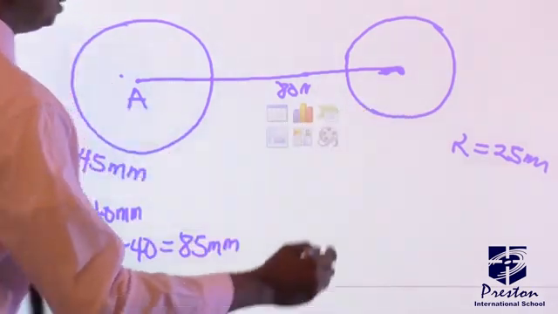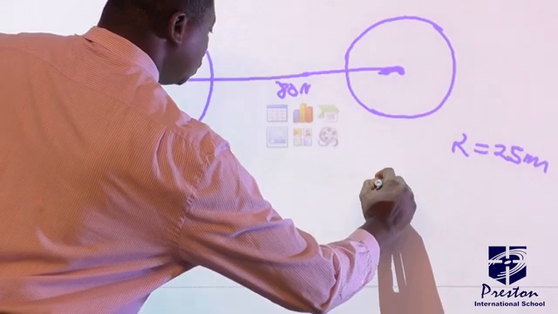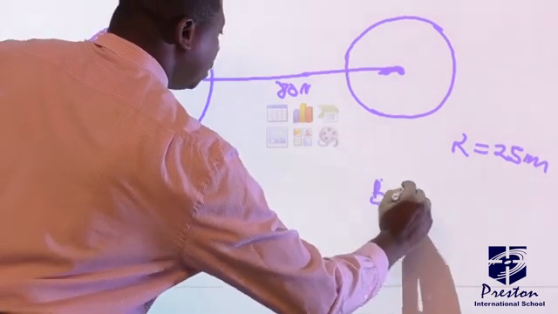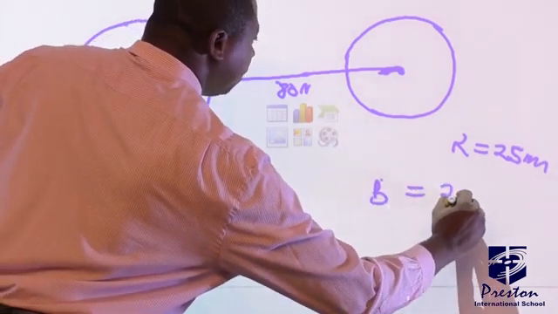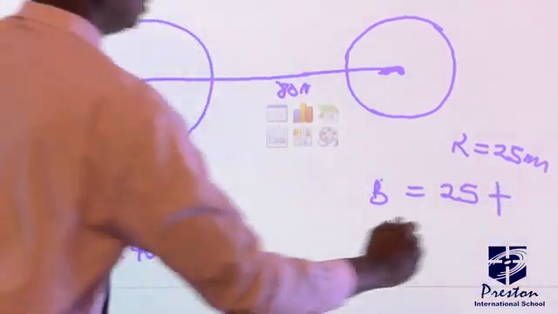For this second circle, circle B, we have the radius 25 plus the external radius given, which is 40.